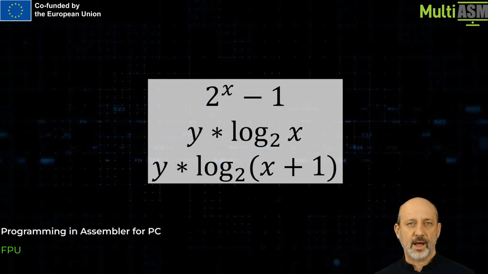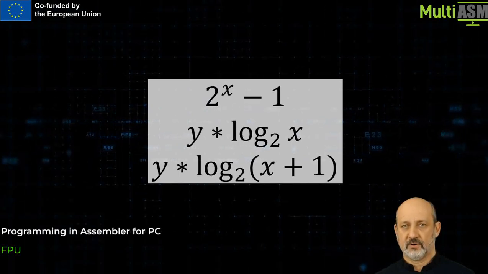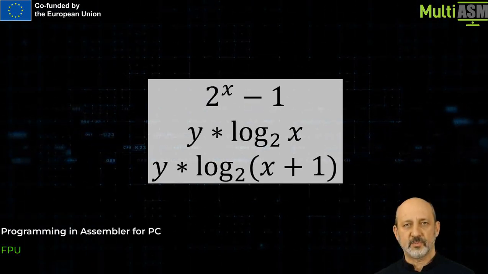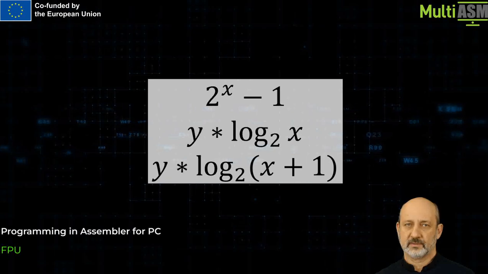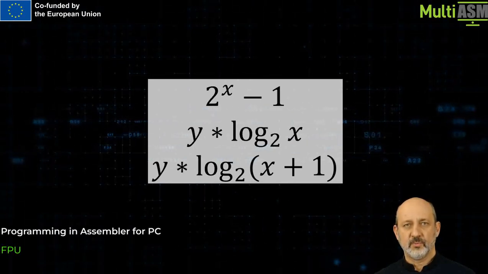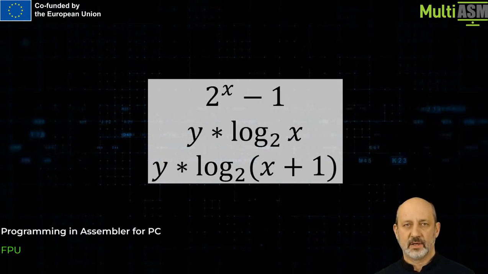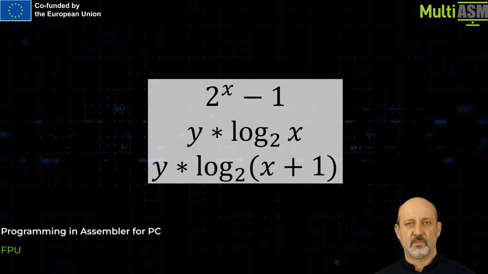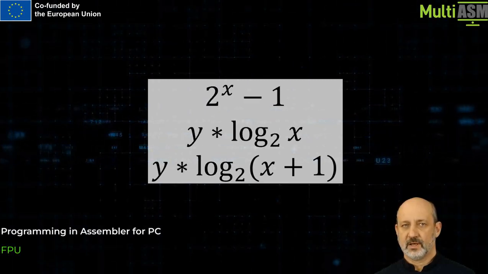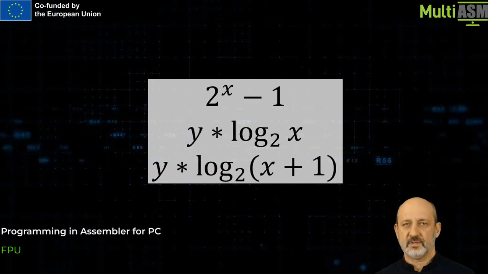The fyl2x computes the logarithm base 2 of st0 and multiplies the result by st1. The fyl2xp1 computes the logarithm base 2 of st0 plus 1 and multiplies the result by st1. Result of both logarithmic instructions are returned in st0.